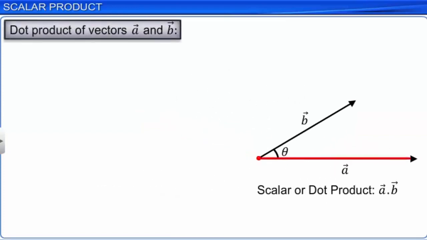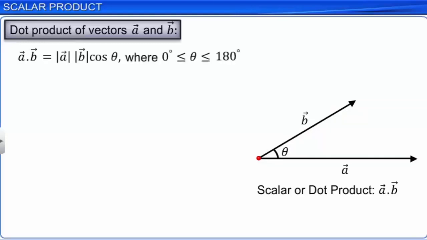You will now learn to find the scalar or dot product of two vectors. Let vector A and vector B be two non-zero vectors. The scalar or dot product of vectors A and B is denoted as shown and is defined as the product of the magnitudes of vectors A and B and the cosine of angle theta between them.